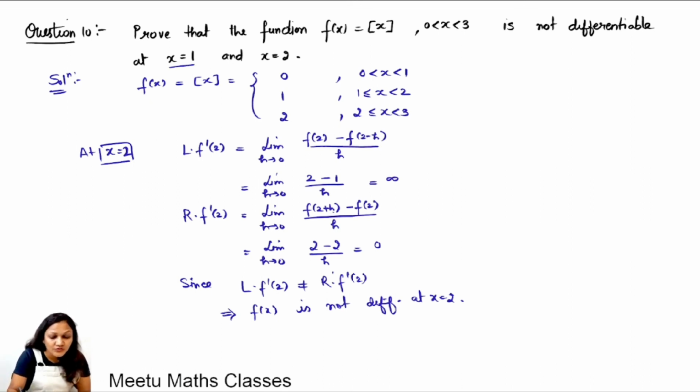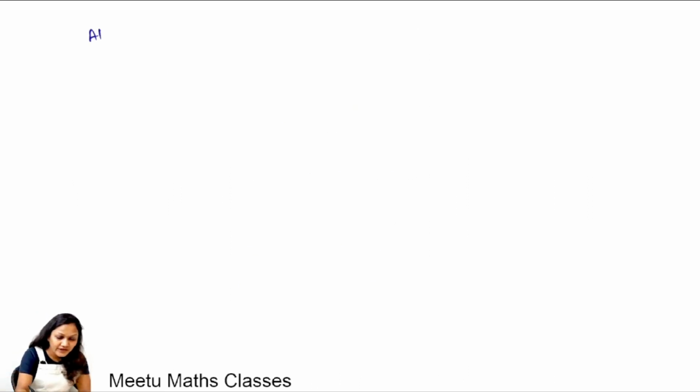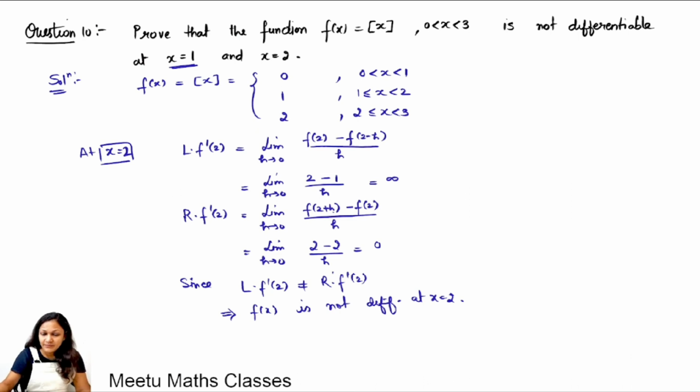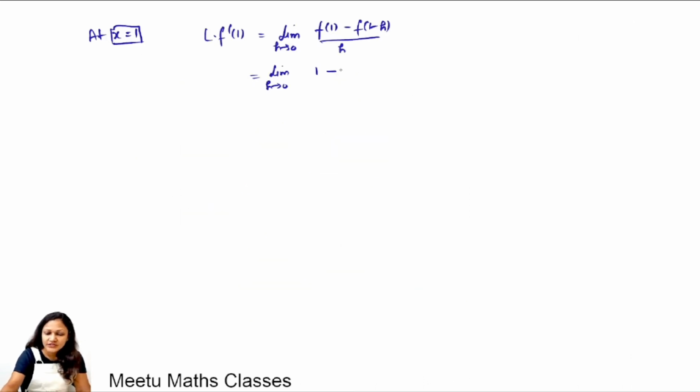Now we are also going to check at x equals 1. So the left hand derivative at x equals 1 is limit h tends to 0 of f(1) minus f(1 minus h) upon h, and that will give you f(1) is 1 and f(1 minus h) will give you 0, and by direct substitution it will give you infinity.